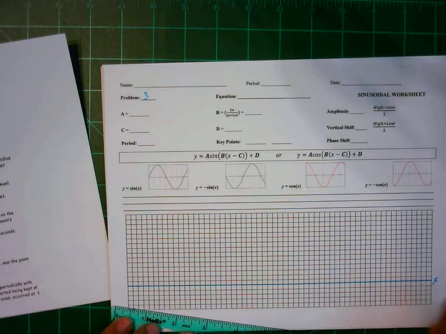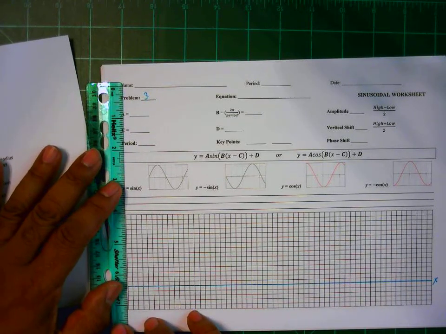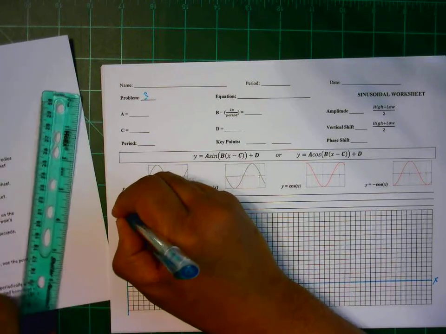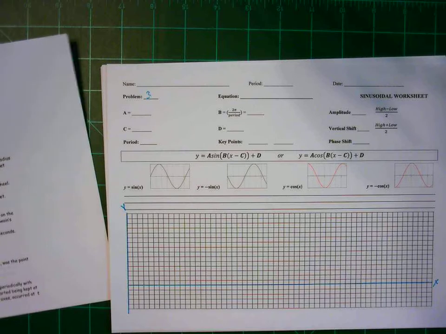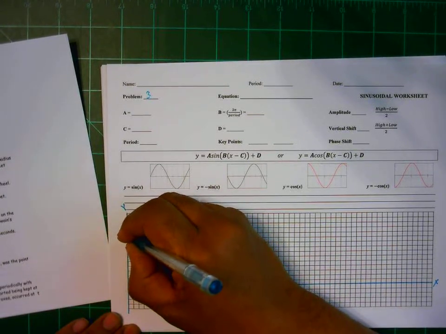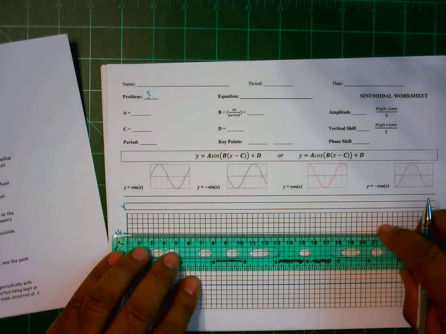So this is x, and this is the y-axis. That's y. Now we're told that the high point is 16 feet. So let's call this 16. That's my high point. So I'm going to draw me a broken line here.